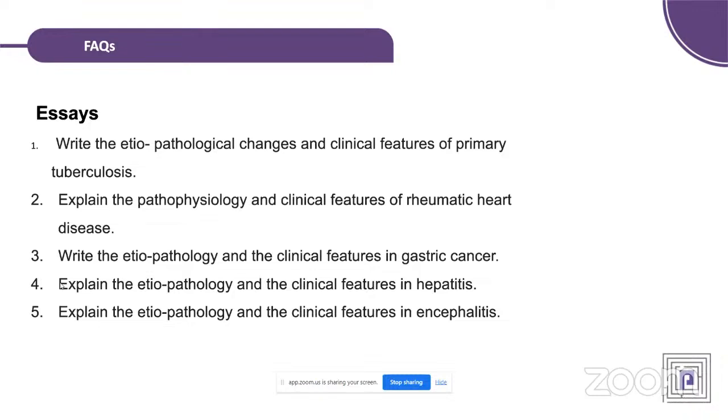Anything which is infected will lead to inflammation. So here also the brain tissue will become inflamed, and it causes dysfunction of the neural cells, which leads to degenerative changes and damages the brain. So you need to explain in detail in the exam what is the pathology and the etiology. And what are the clinical features? Clinical features include headache, seizures, and some neurological symptoms, like neurological deficit. So you need to explain in detail all the clinical features, right?